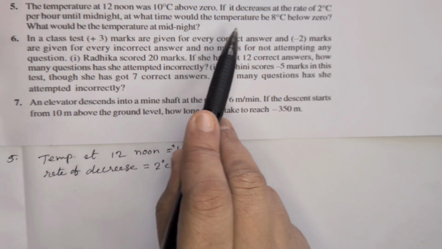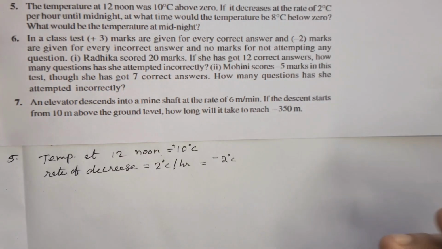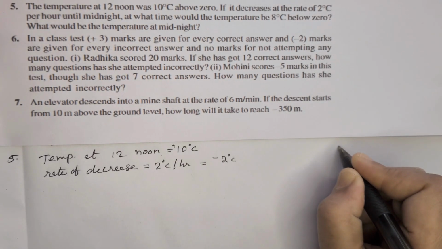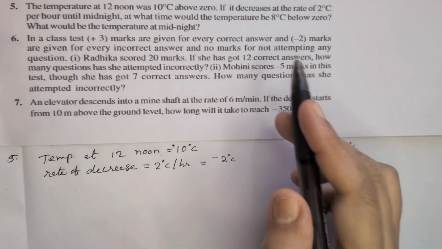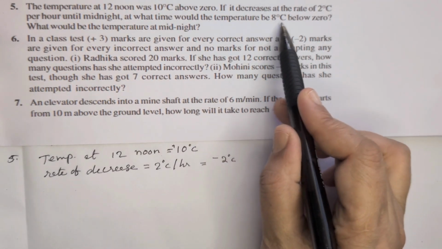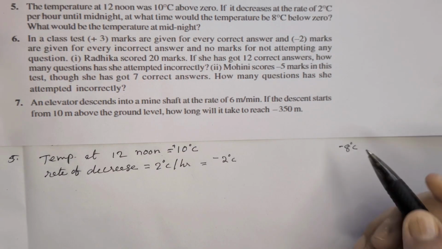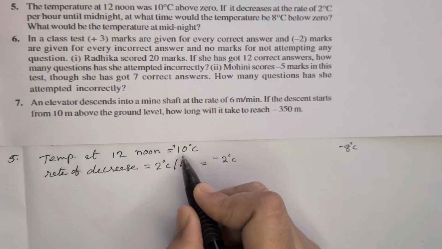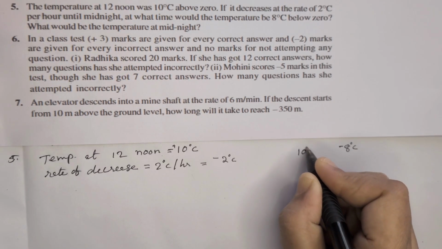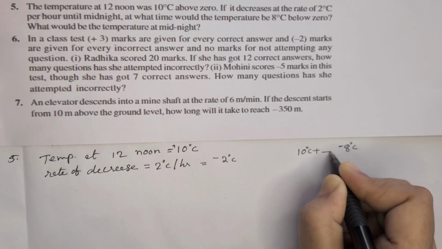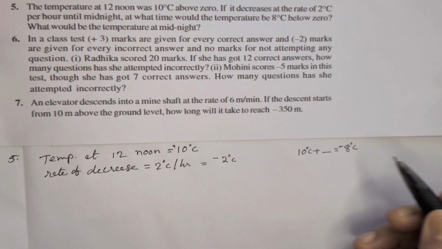8 degrees Celsius below 0? Now at 12 noon, 10 degrees Celsius is there. We have to get 8 degrees Celsius below 0, means minus 8 degrees Celsius. So 10 degrees Celsius is at present 12 noon, that plus dash is equal to minus 8 degrees Celsius.